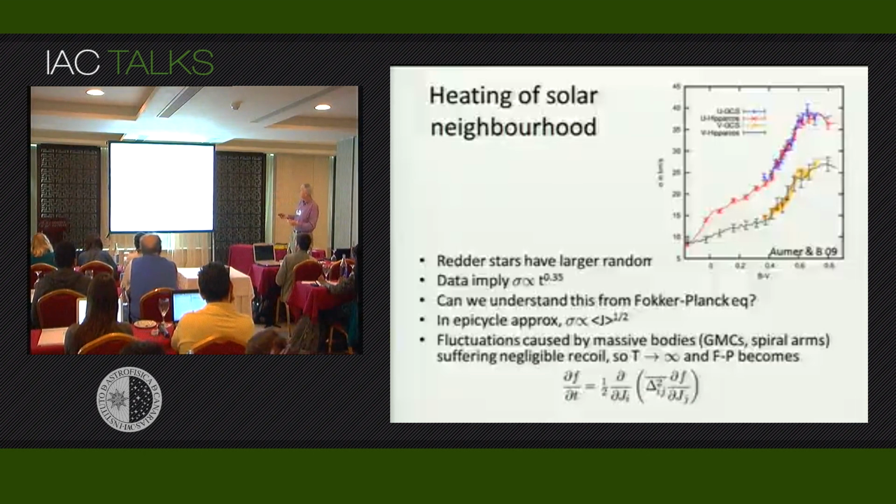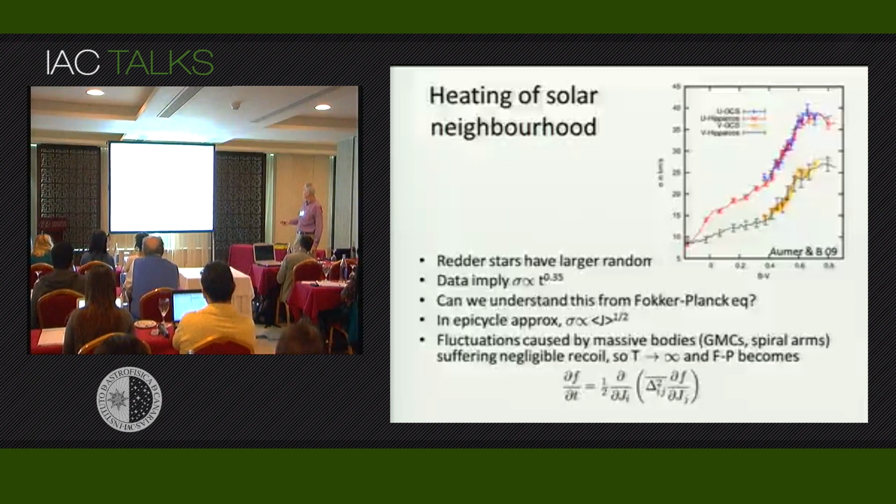Okay, so let's talk a little bit about observations. So the heating of the stellar neighborhood. Hipparcos measured proper motions, parallaxes, etc., for a load of stars with good results within 150 parsecs of the sun, and the Geneva-Copenhagen collaboration measured line-of-sight velocities for the F and G stars in that sample.